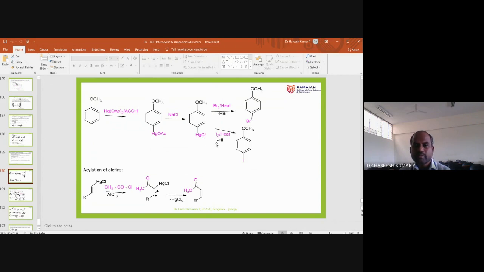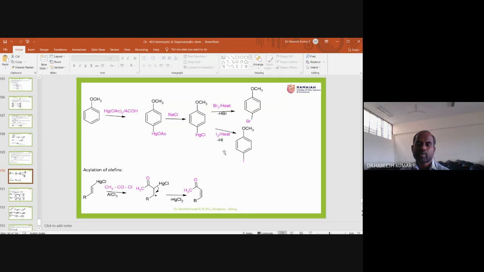Here this mercury group is replaced with bromine in one reaction, and with iodine in another reaction. In this the leaving group is HBr, in this the leaving group is HI. HBr is a gas, it will go out. HI is a gas, it will go out. What actually happens here is this bond pair picks up this I, and I minus picks up this HgCl, going out.